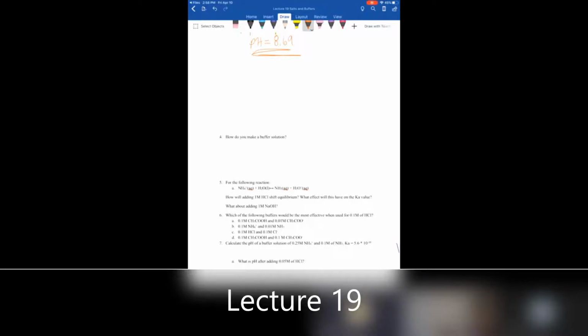Okay. I don't know if you went over this, but the buffer range is around the pKa value of the buffer. If you had a pKa of like 9.4, you wouldn't want to use something too acidic that would bring it down too low, because then it's not going to work anymore. You killed your buffer. Yeah.